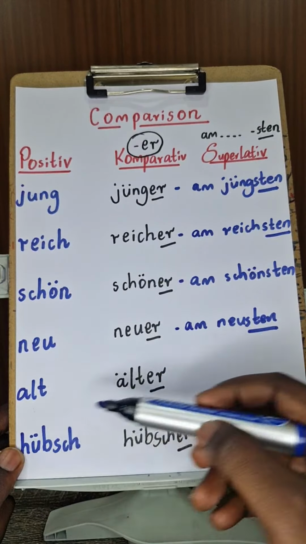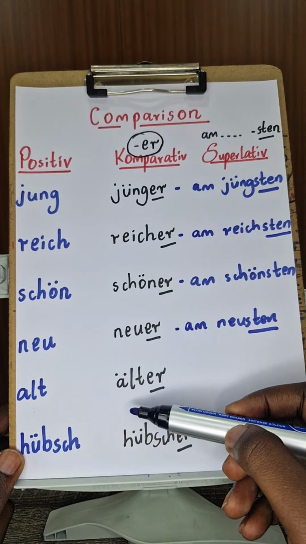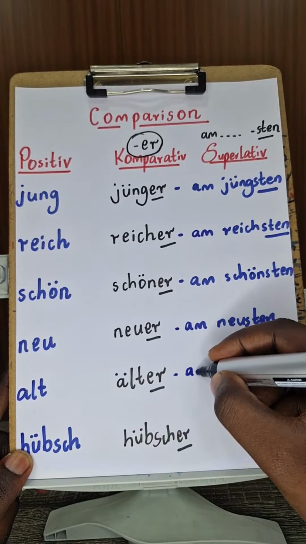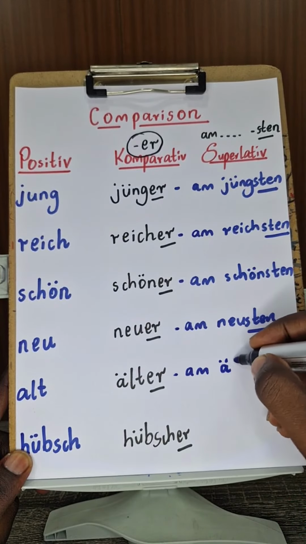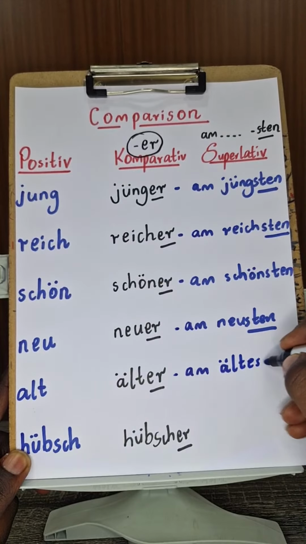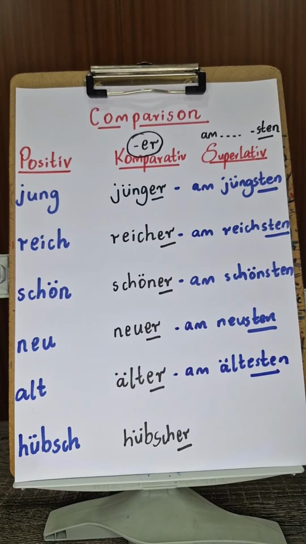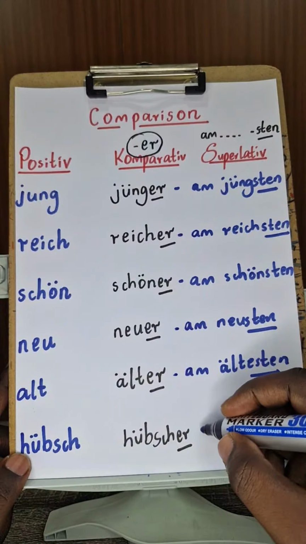How about alt? Now becomes älter, older, right? And then the superlative, am, it maintains the umlaut, ältesten. Alt, älter, am ältesten. All right? Hübsch, hübscher, and then am hübschesten.